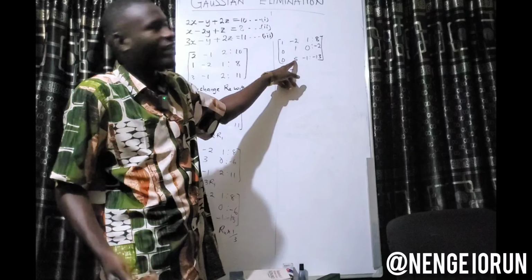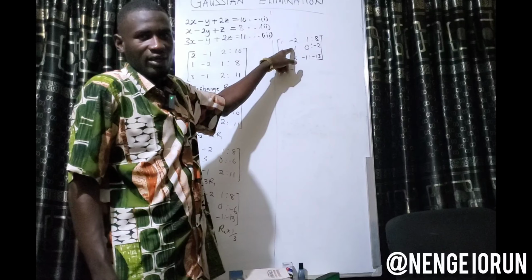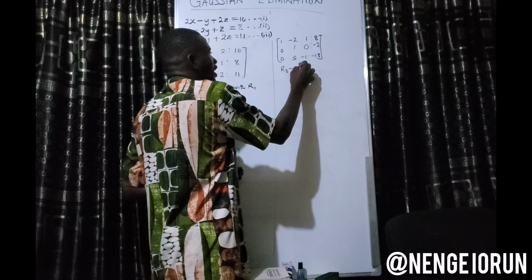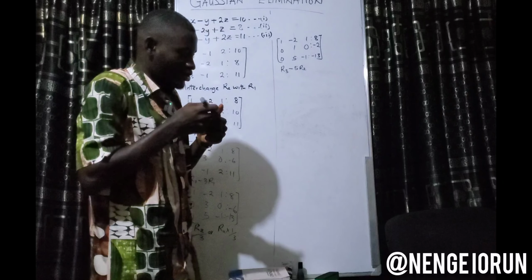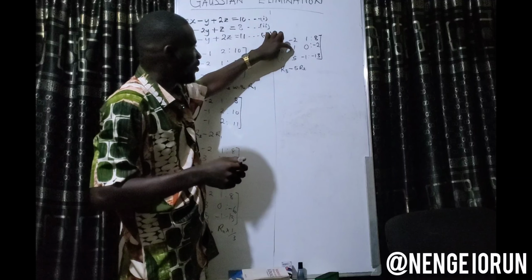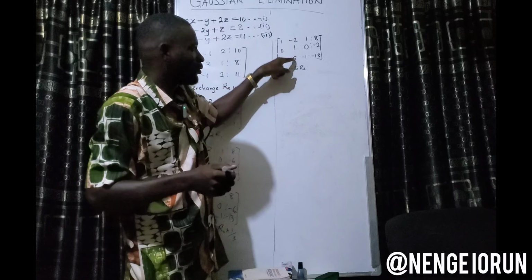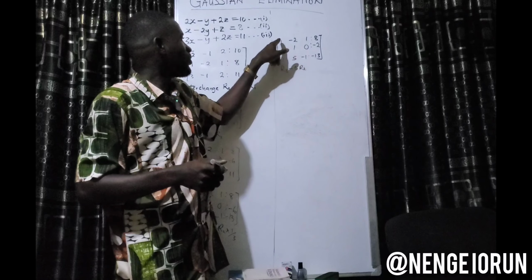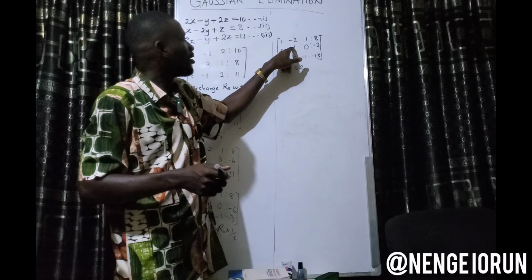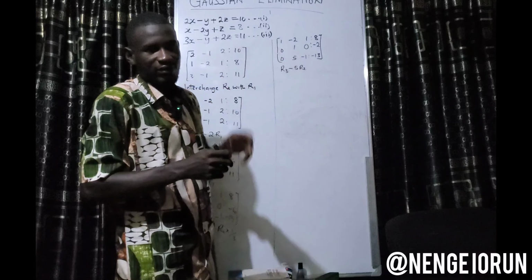Where can you get the other 5? 5 times 1. So you say that row 3 minus 5 times row 2, because you can only see 1 on this row 2, which corresponds to this 5. You cannot use this one. What corresponds to this one here is this, because 5 times 1 is 5.